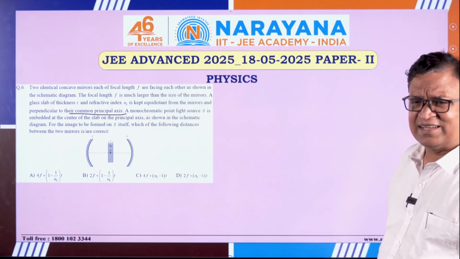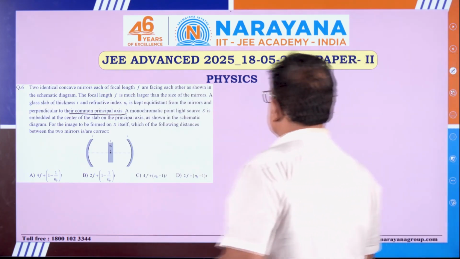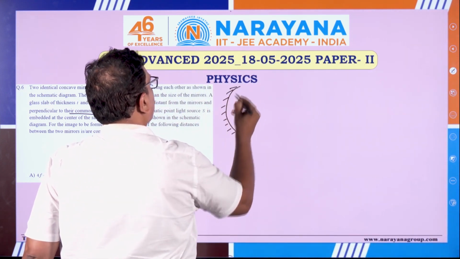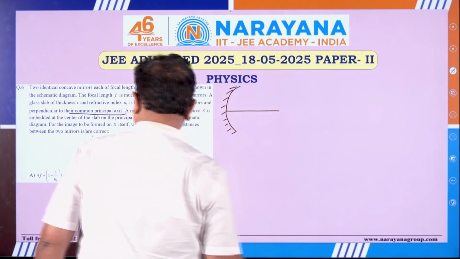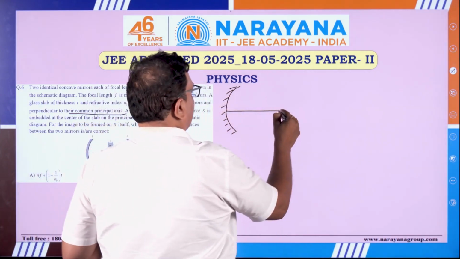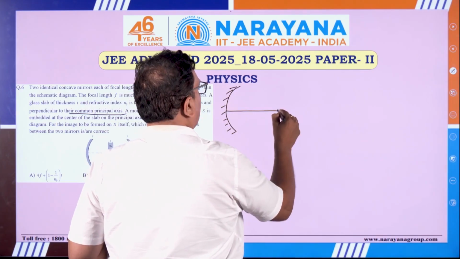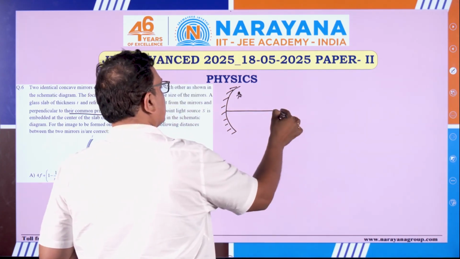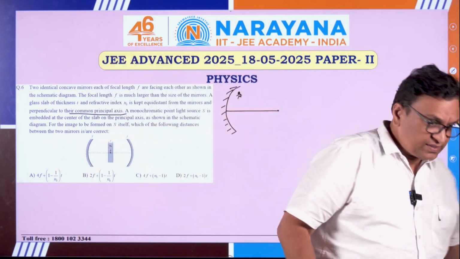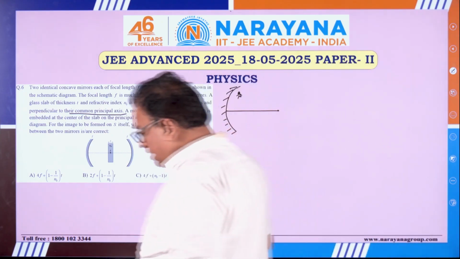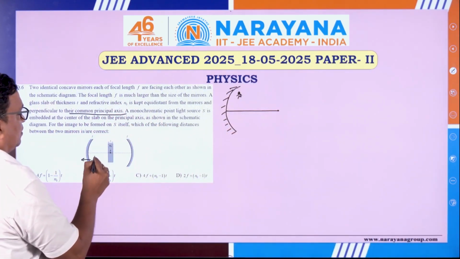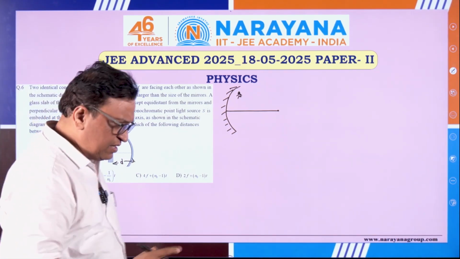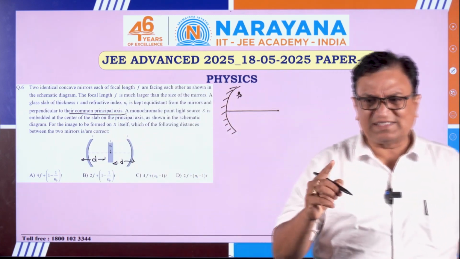I'll forget all these things and assume that there is only one concave mirror, and I assume that the effective position of that object as seen by an observer here is at the center of curvature, which means, already what they have given, this is D and T. In fact, the centers are separated by 2D plus T, right?